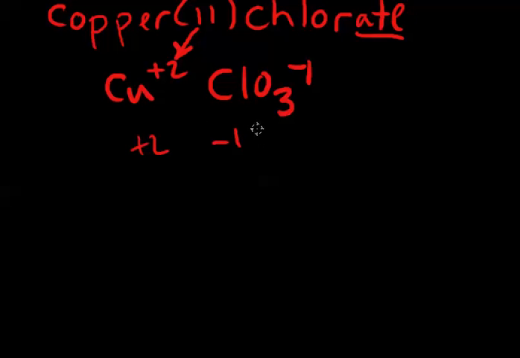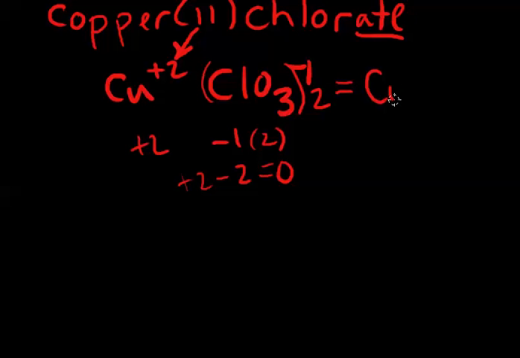So we need 2 chlorates to cancel out this plus 2. So parentheses, anytime we have more than one of these, we need parentheses. So we got plus 2 minus 2 is going to be 0. So we rewrite this: Cu(ClO3)2. There's copper(II) chlorate.